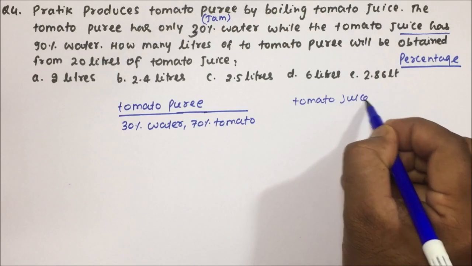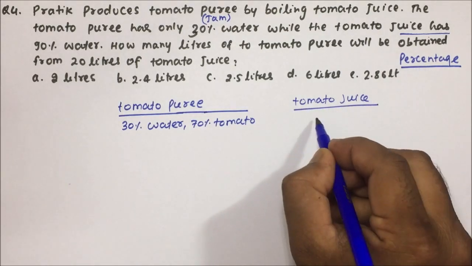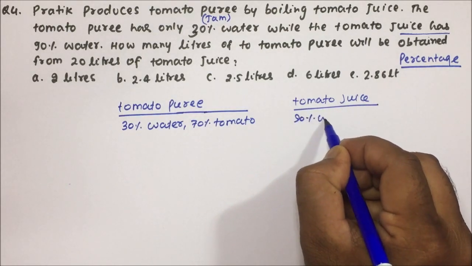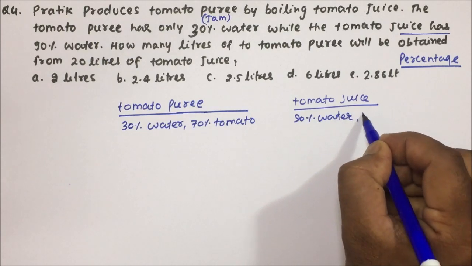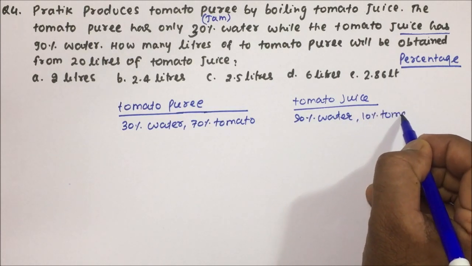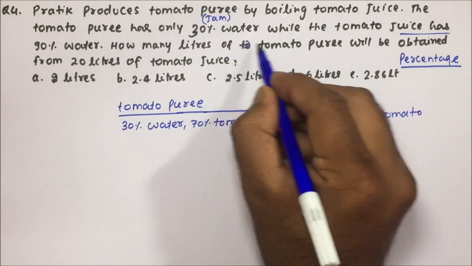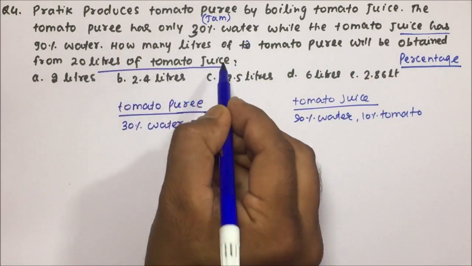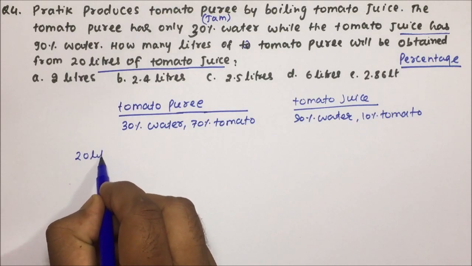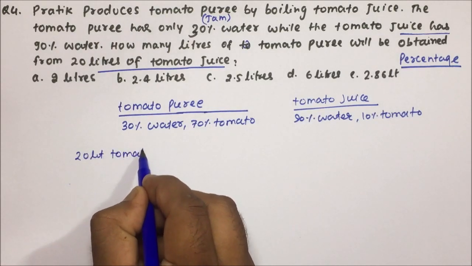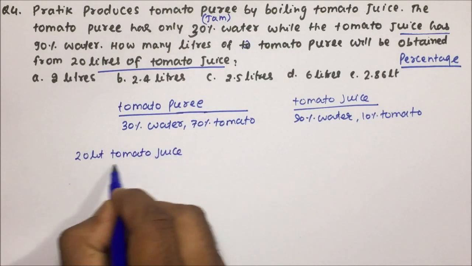The tomato juice has 90% water, and definitely it will have 10% tomato. Now, how many liters of tomato puree will be obtained from 20 liters of tomato juice?